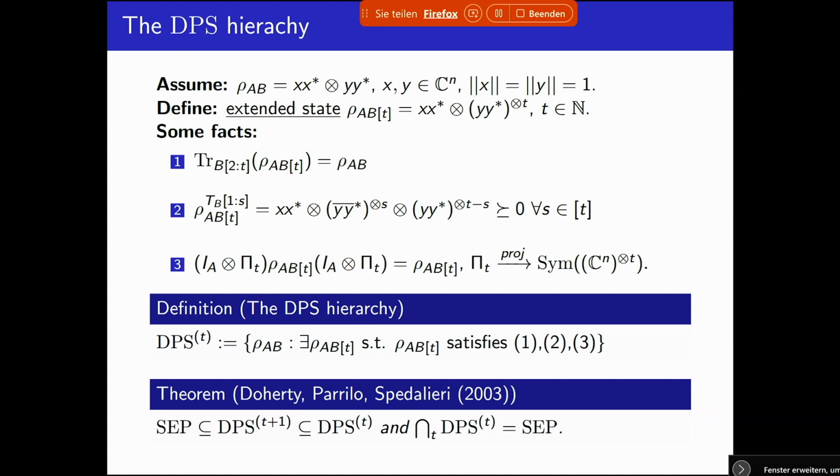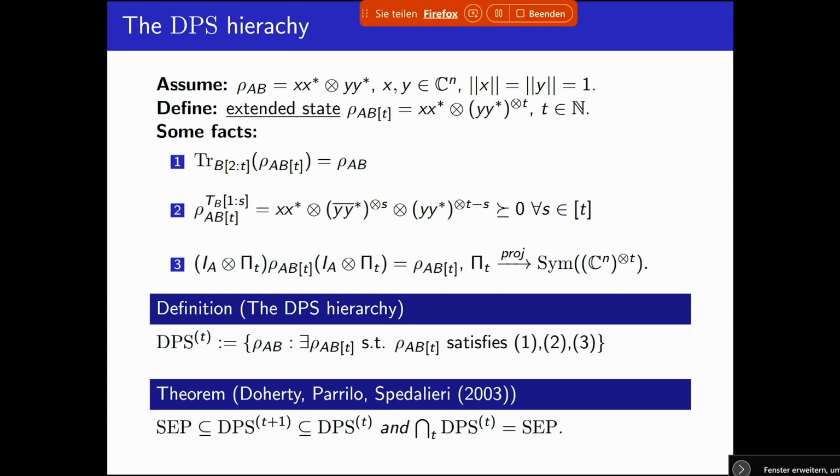In essence, if you have an extended state with T plus 1 B registers, you can just trace out one of the B registers and you get a certificate for membership in DPS T. And then the crucial thing is that this approximation, in a sense, is exact. If you take the intersection of all these DPS cones, you get the separable cone out.